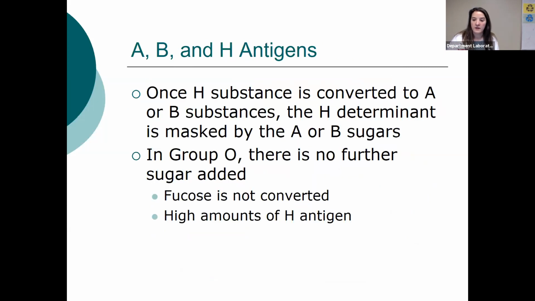Those A and B substances are going to mask your H. In group O, remember, no further sugar is added, so that oligosaccharide stops at the L-fucose, which means you have high amounts of H. So group O has the highest amount of H substance.